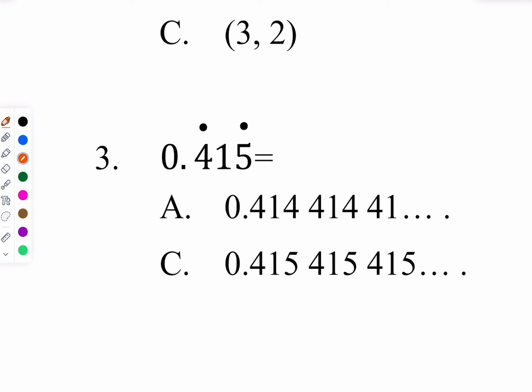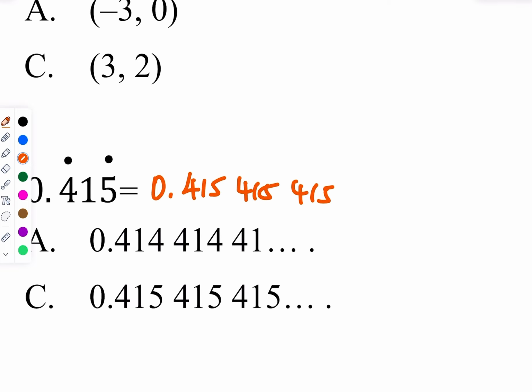So what do I write in the calculator? 0.415415415, unlimited repeated. How many do I write? At least a few pairs, so that it fills the screen of the calculator. So write at least 6 times and then click ABC.